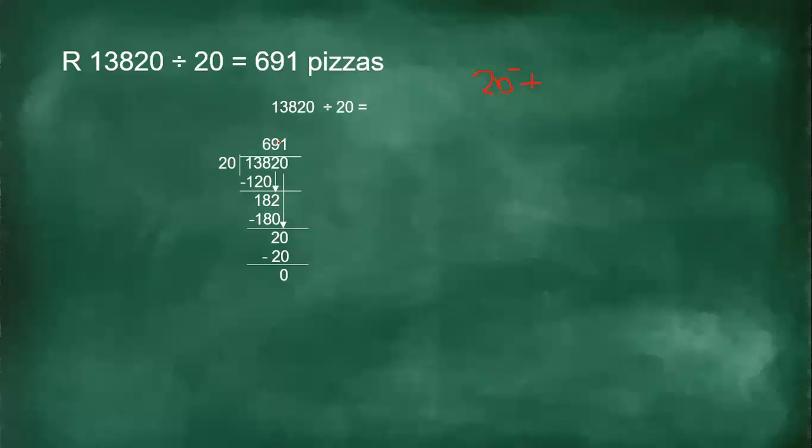So 9 times 20 is 180. 182 minus 180 is 2. Bring down the 0. 20 into 20 goes once. 1 times 20 is 20. 20 minus 20 is 0. She sold 691 pizzas, all in all.